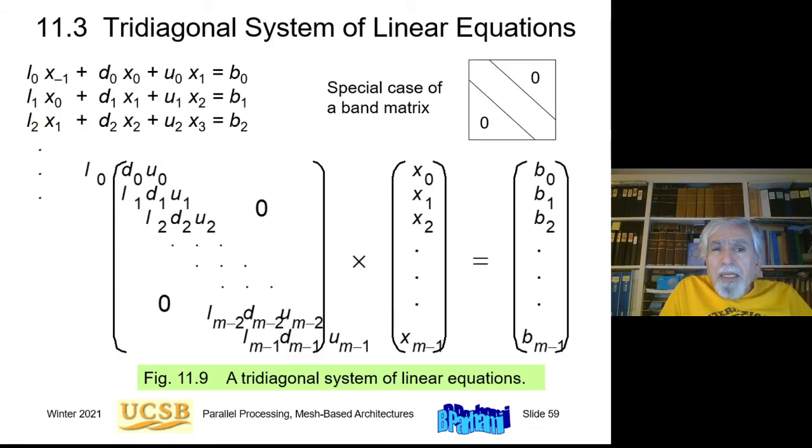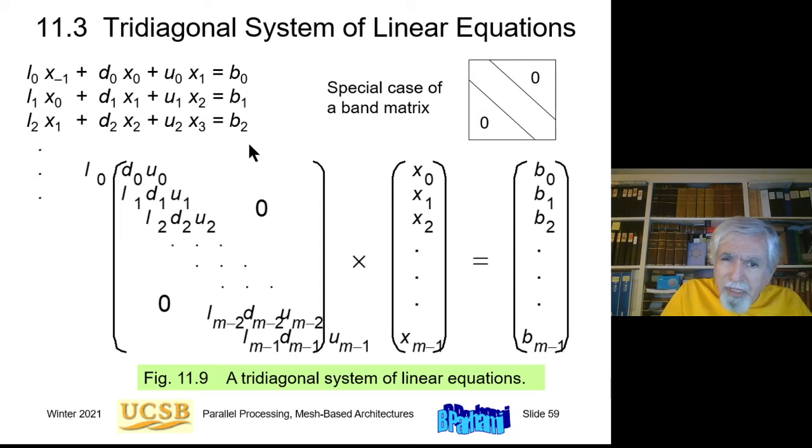So that was one special case, where linear systems have a lower triangular matrix of coefficients. Upper triangular is similar. A tri-diagonal system of linear equations has a coefficient matrix in which all the non-zero elements are on the main diagonal, the diagonal just above it, and the diagonal just below it.